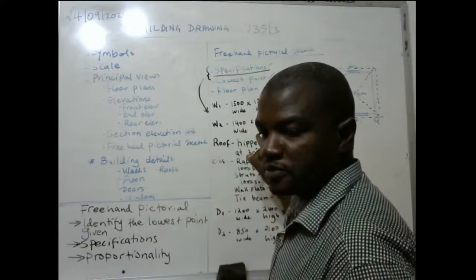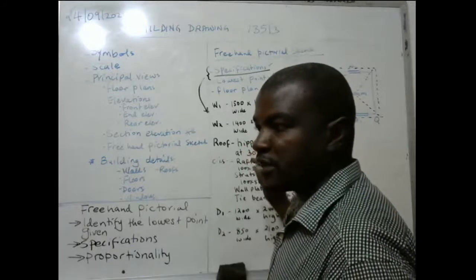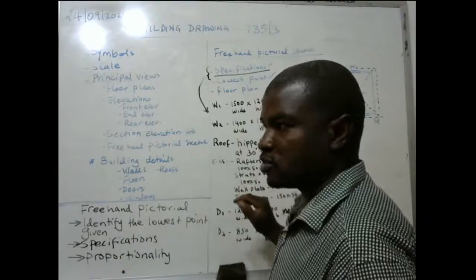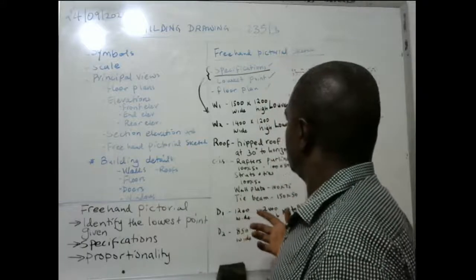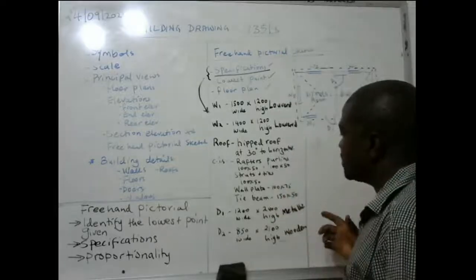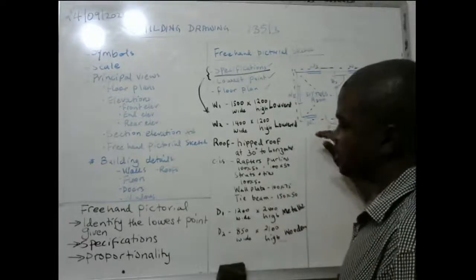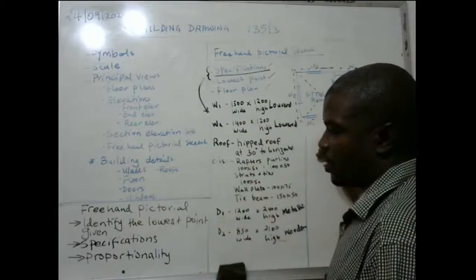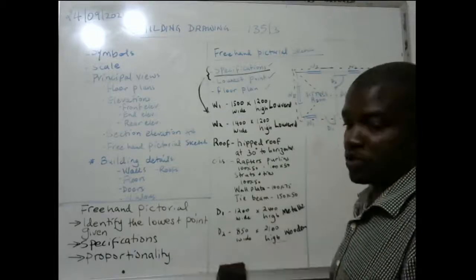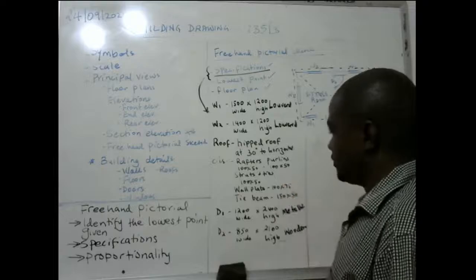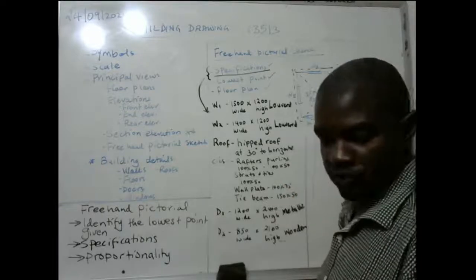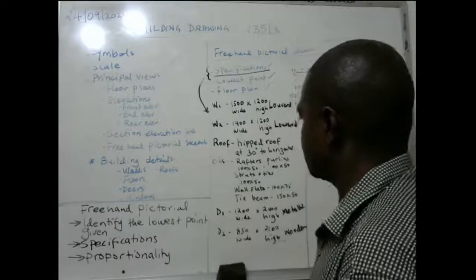Yeah? The ventilator is bigger than the window. So, which is which? The ventilator should not be bigger than the window. It is the window that is bigger than the ventilator. So that is all about proportionality, so that we do not confuse the measurements.